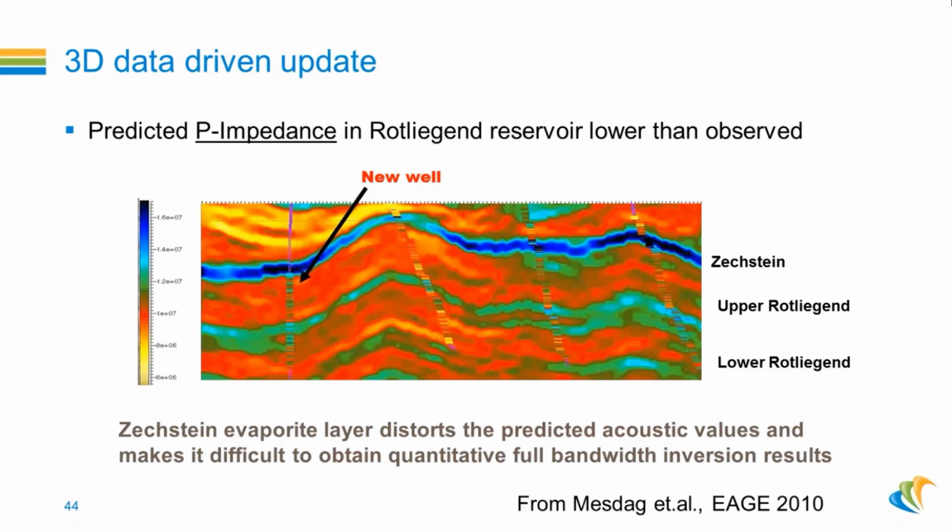This is where an inversion where we only used a well interpolation, and a new well was drilled on the inversion results, and it came out with a too high impedance, or actually a too low porosity. So that was a reason to update the inversion results.